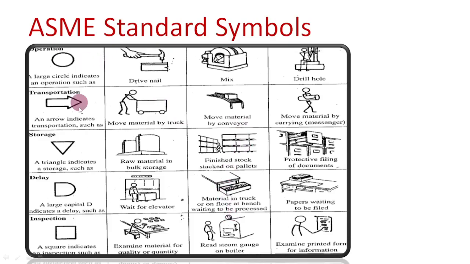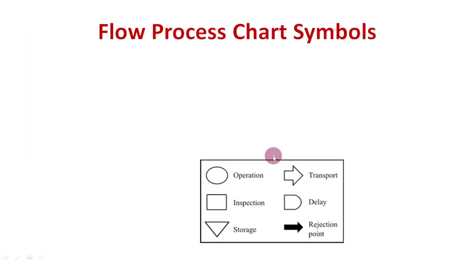There are 4 symbols minimum used in the recording techniques of the flow process chart. Those are specified by the ASME standard. The operation symbol indicates the operation to perform, transportation is where movement takes place, storage is where the material will be stored, delay represents waiting, and inspection is represented by its own symbol.